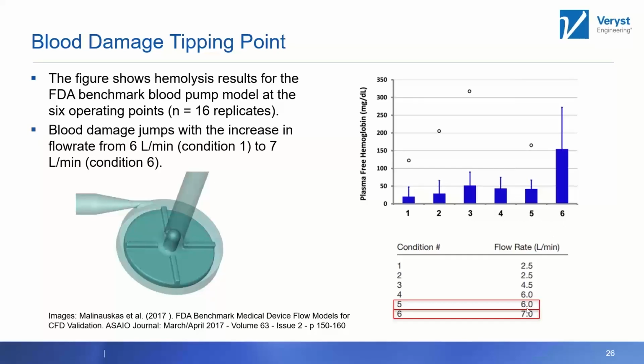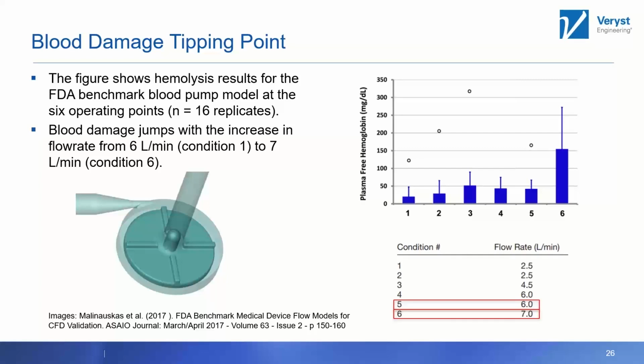Condition 6 is the condition where blood flow rate increases to 7 liters per minute. What you see here is that, again, there's a tipping point. Blood damage suddenly increases when flow rate increases from 6 to 7.